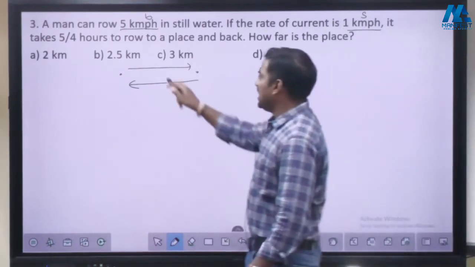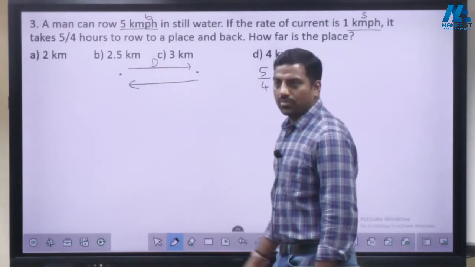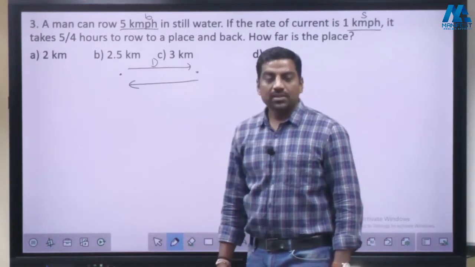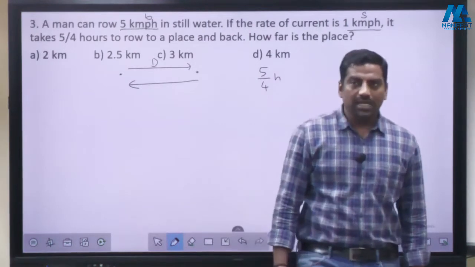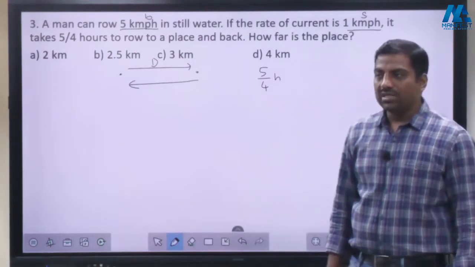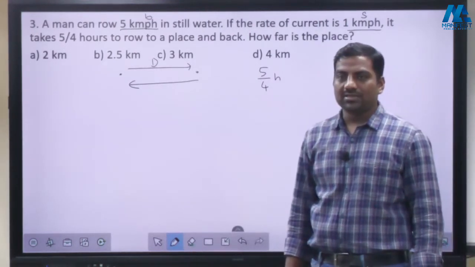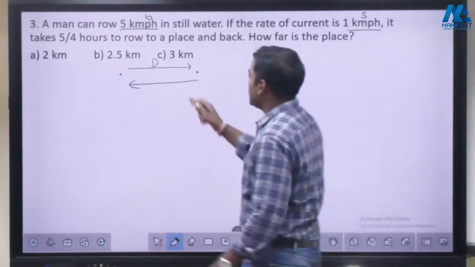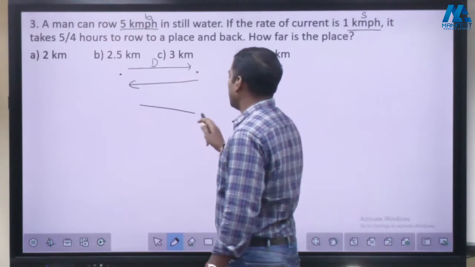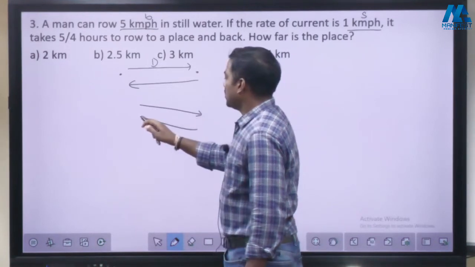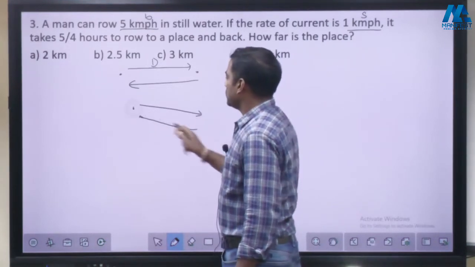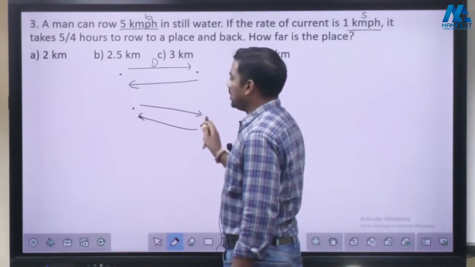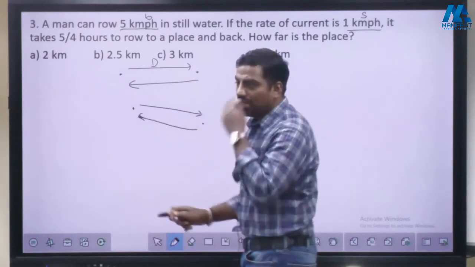Take this distance as D. And when they have given the speed of the stream and speed of the boat, definitely one journey will be downstream and another journey will be upstream. So let me take it like this. First downward, then upward. Downward, so this is downstream, and this is upstream.